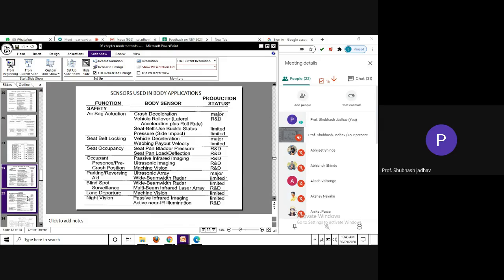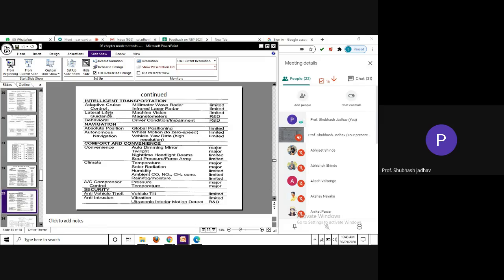And continued: adaptive cruise control, lateral lane guidance, then navigation. Then we have climate related, so if sun is there, if humidity is there, if rain is there, etc. Then air conditioning related, anti-theft related, anti-intrusion related.